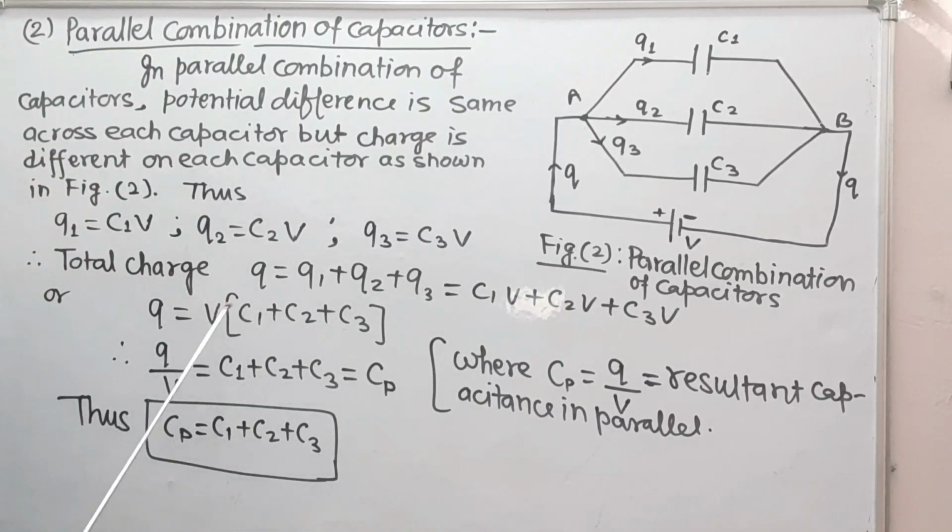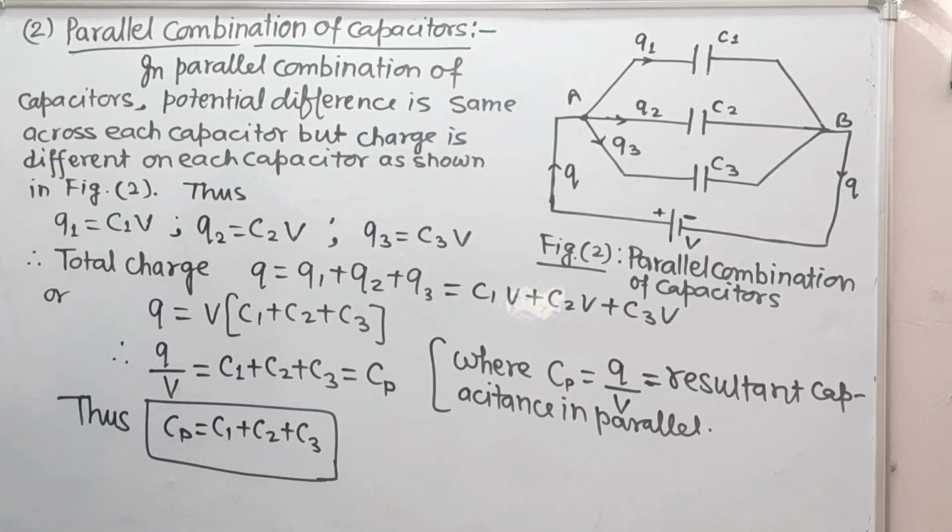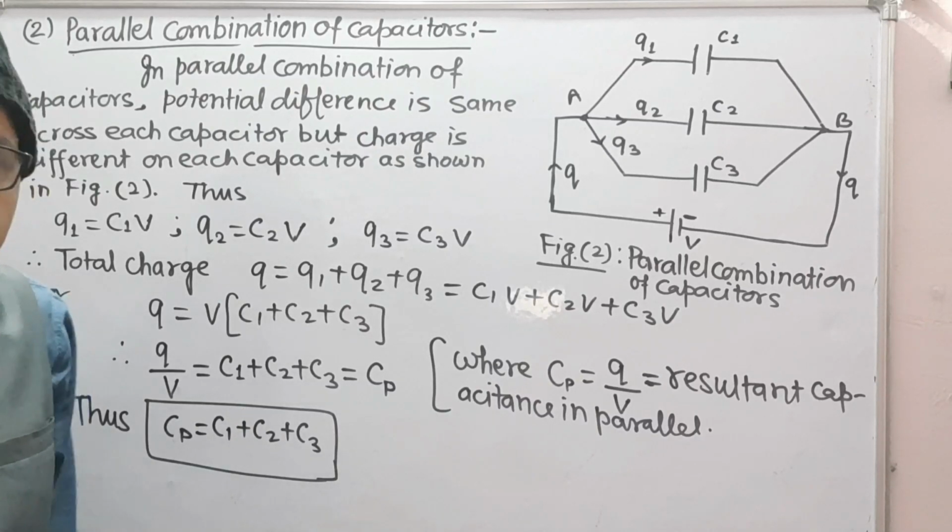V taken common we get Q is equal to V into C1 plus C2 plus C3, which may be rewritten as Q upon V is equal to C1 plus C2 plus C3, and Q upon V is Cp, which is the resultant capacitance in parallel. Thus, in parallel, resultant capacitance is given as C parallel is equal to C1 plus C2 plus C3.